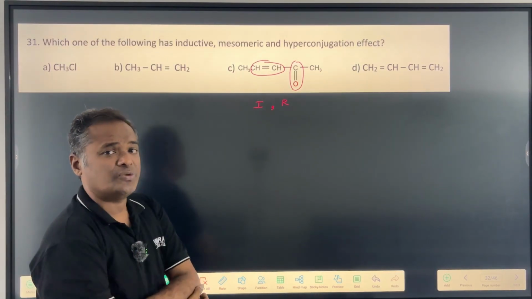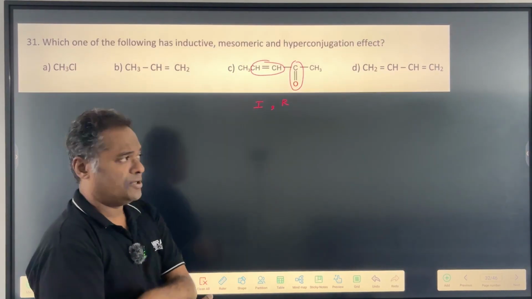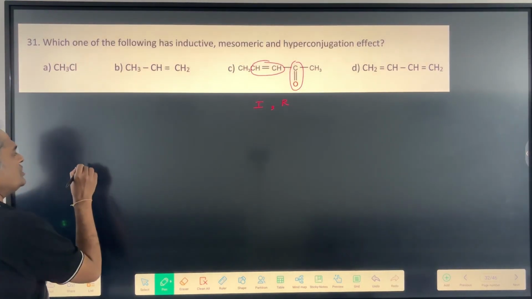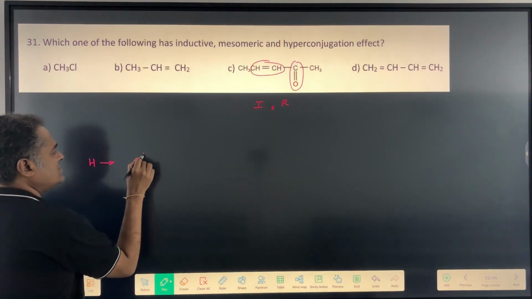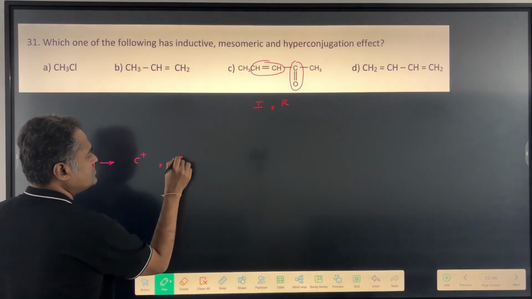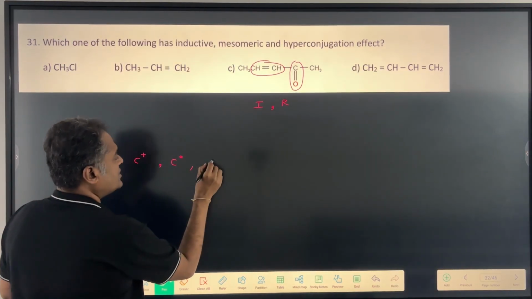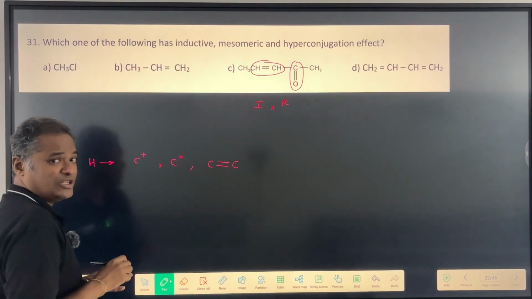And what is the third situation? Hyperconjugation. Basically, which compounds show hyperconjugation? Hyperconjugation is shown by, yes, C plus, second is C dot, and third one is nothing but alkenes. So these three compounds basically can show hyperconjugation.